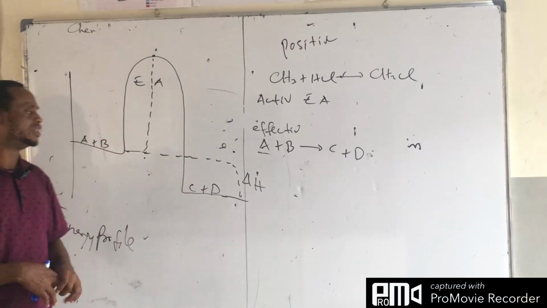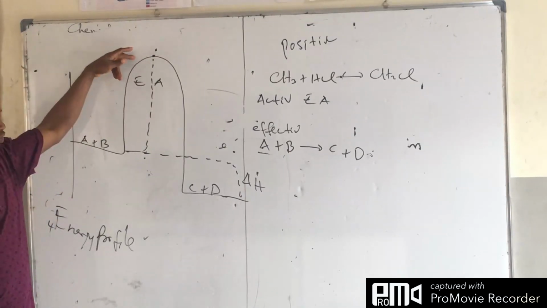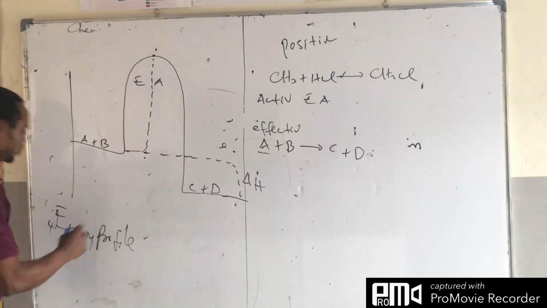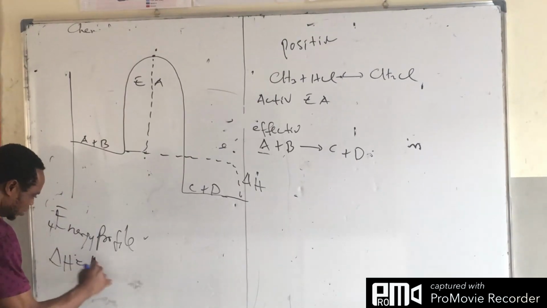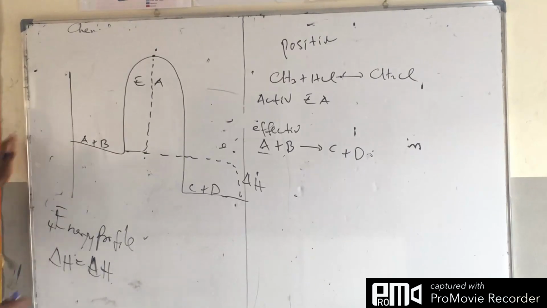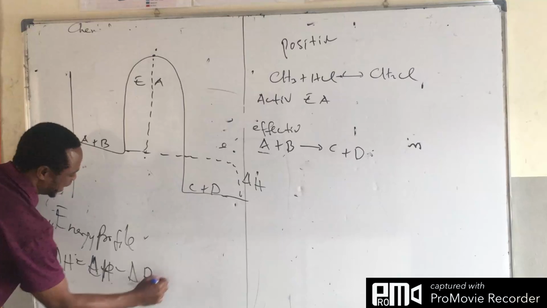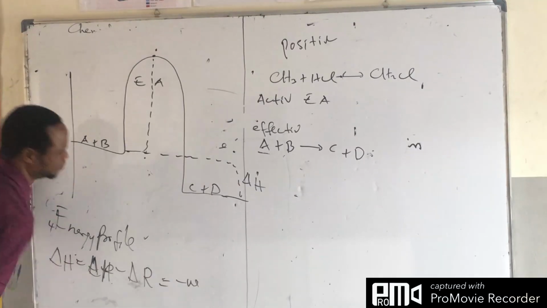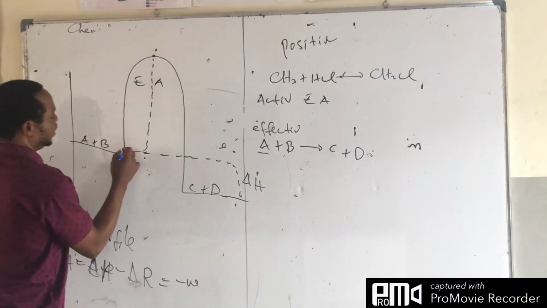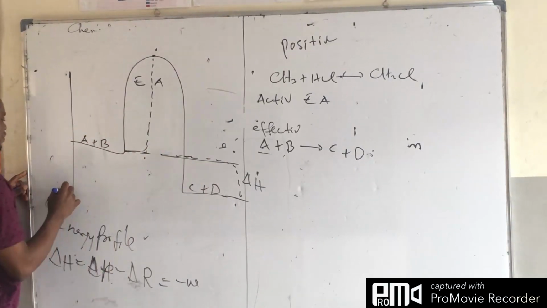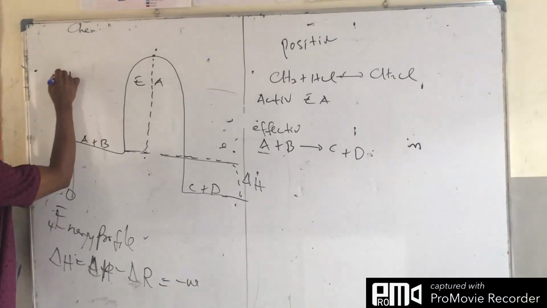You will know it from the answer you get from subtracting: delta H is the heat of products minus the heat of reactants. If the answer gives you a negative value, it means it's exothermic. Now, let me give the scale. I have 0 here, 2 here, 4 here, 6, and 8.